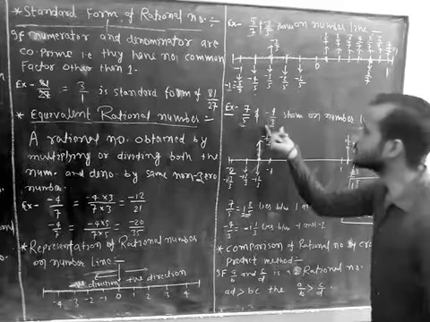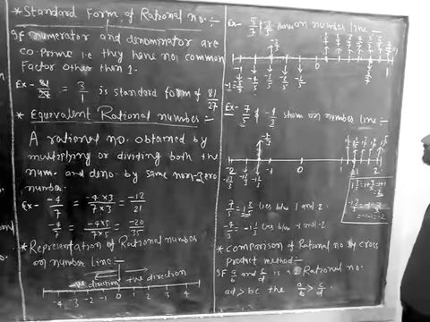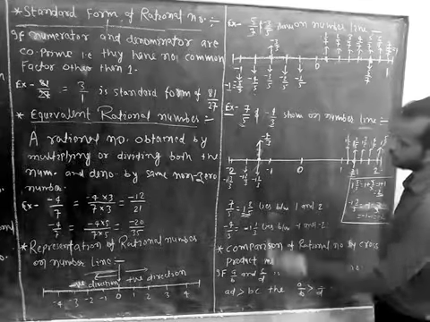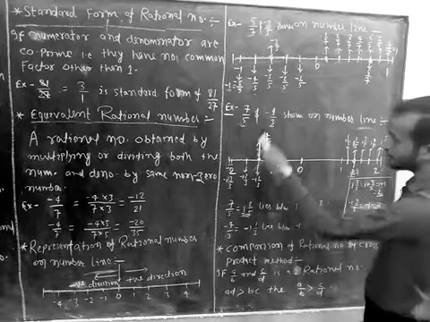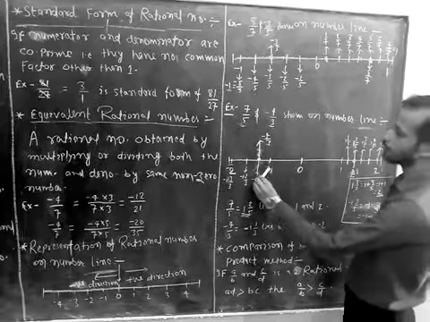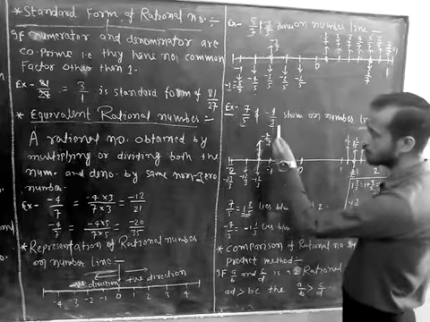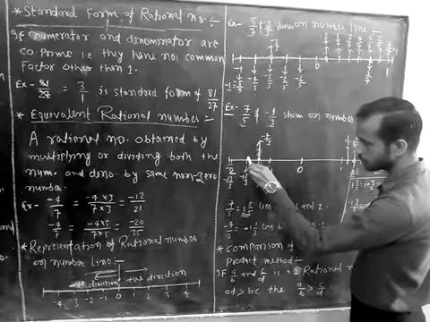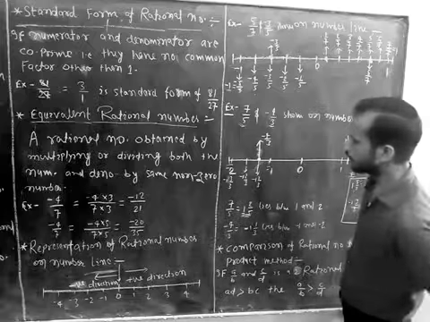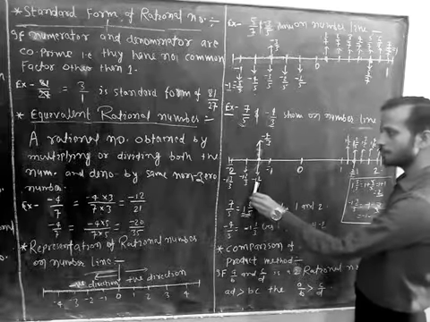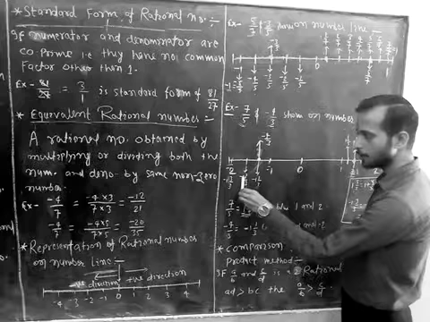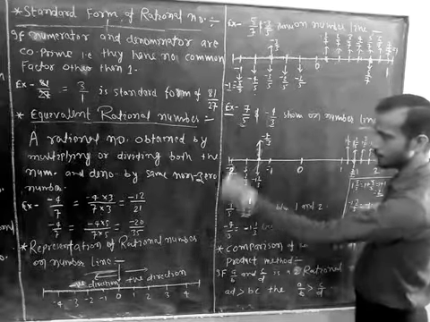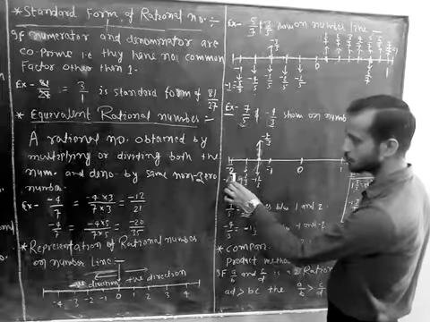Next, minus 4 by 3. Minus 4 by 3 lies between minus 1 and minus 2, and we take 3 points between minus 1 and minus 2, because its denominator is 3: 1, 2 and 3. First point minus 1 and 1 by 3, second point minus 1 and 2 by 3, and third point minus 1 and 3 by 3.